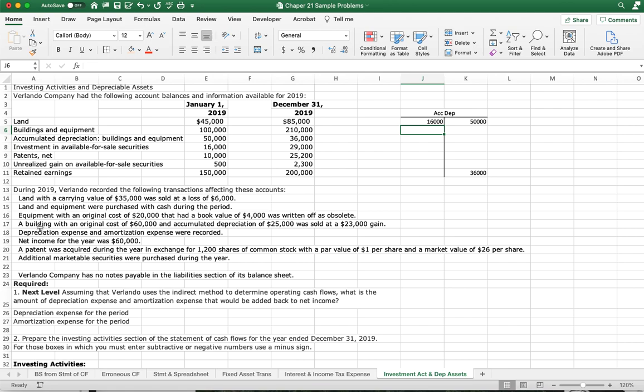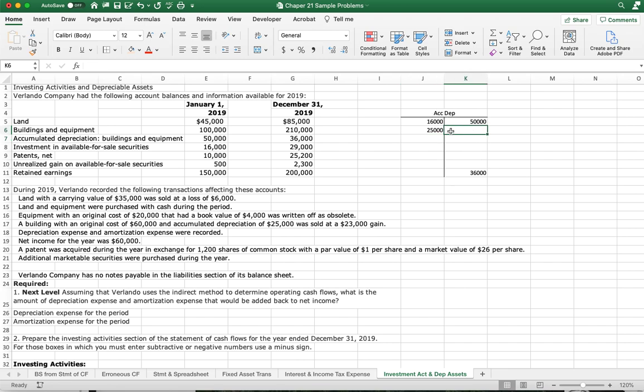We also see here that there is a building with an original cost of $60,000 and accumulated depreciation of $25,000 that was sold at a $23,000 gain. So we know that accumulated depreciation would have been debited for $25,000. And that's all the information related to accumulated depreciation.